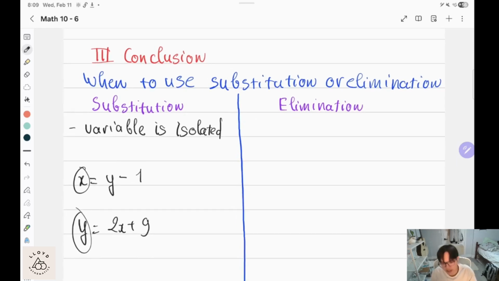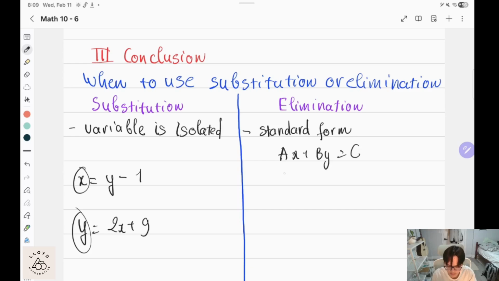And how about elimination? I would recommend using elimination when we have the standard form of the linear equation, which is ax plus by equal to c and dx plus ey equal to f.